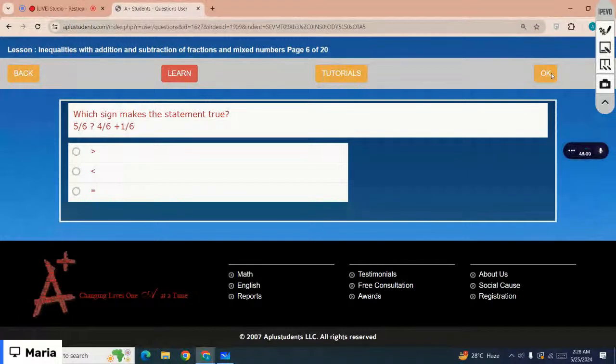5 by 6, and you have to compare it to 4 by 6 plus 1 by 6. So which is the correct option?